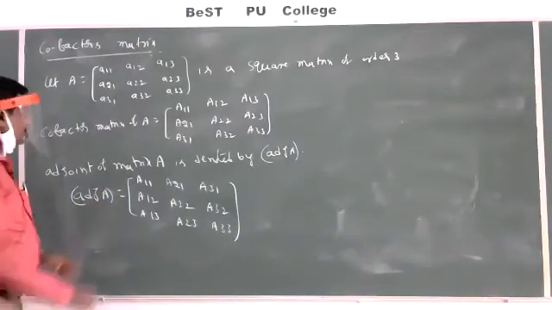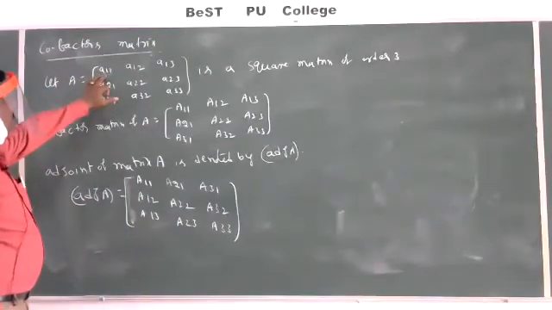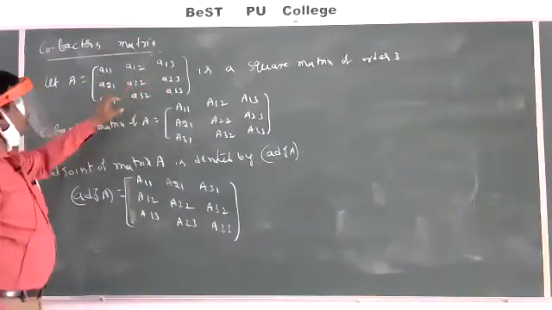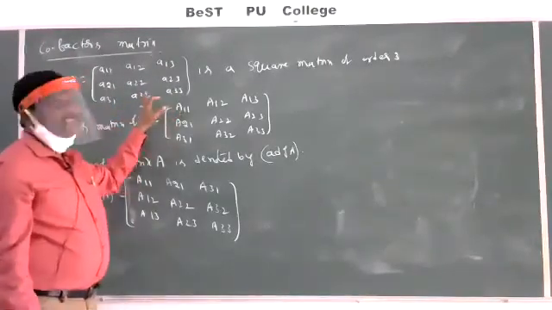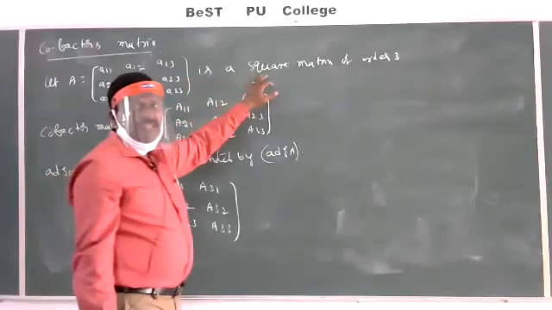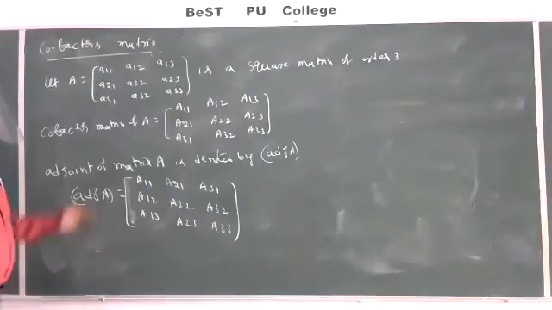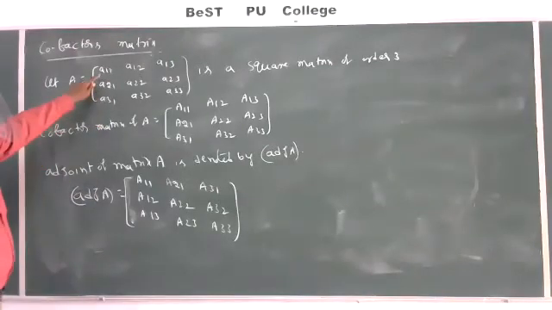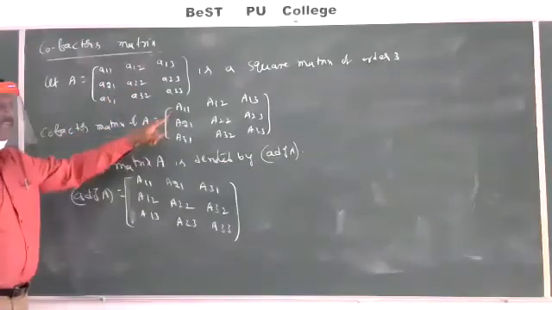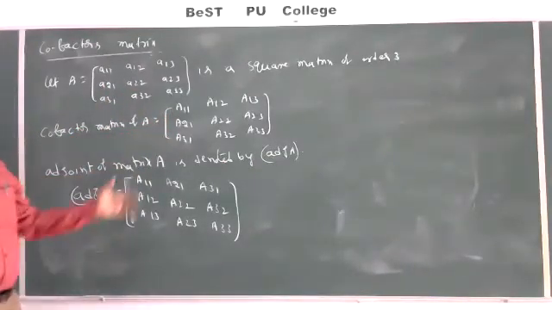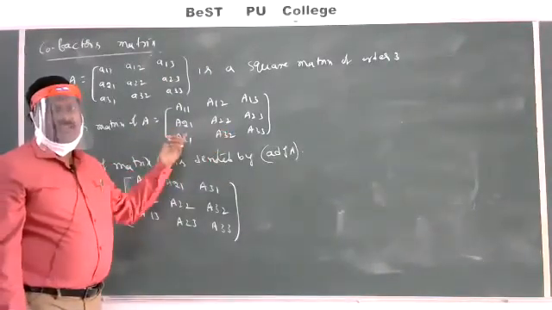Once again, I am repeating. The given matrix is A11, A12, A13, A21, A22, A23, A31, A32, A33. It is a square matrix of order 3. If you replace each element of this square matrix by its cofactor, the matrix is called the cofactors matrix.